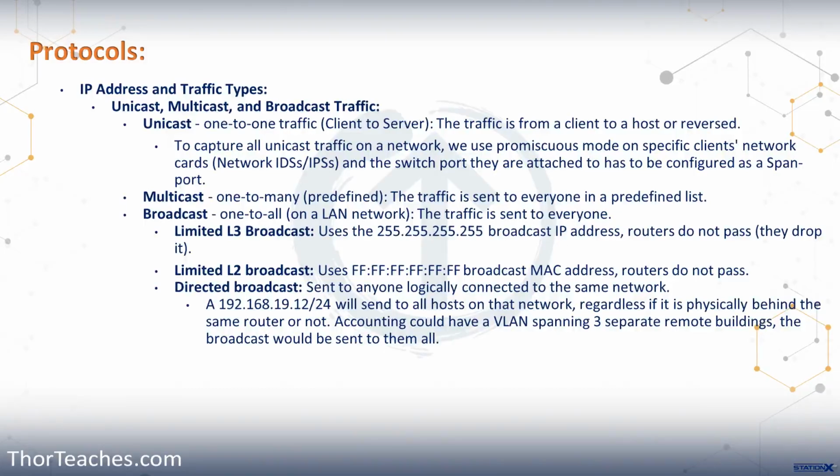If, as part of our network forensics or our monitoring, we want to capture all unicast traffic on our network, we can attach a device to our switch, which has a networking card in promiscuous mode, meaning receiving all traffic, and then on the port on the switch, we configure that port to be a span port, and that could be part of our intrusion detection or our intrusion prevention systems to keep an eye on all the traffic on our network to ensure nothing is malicious.